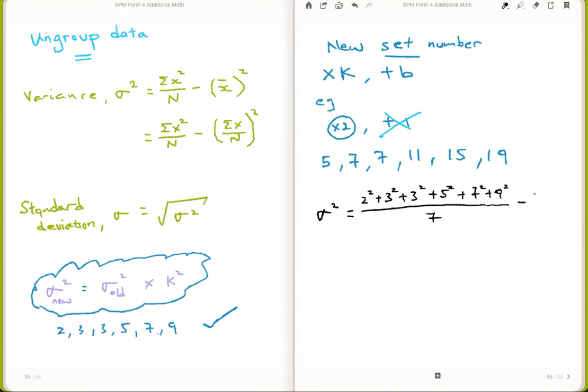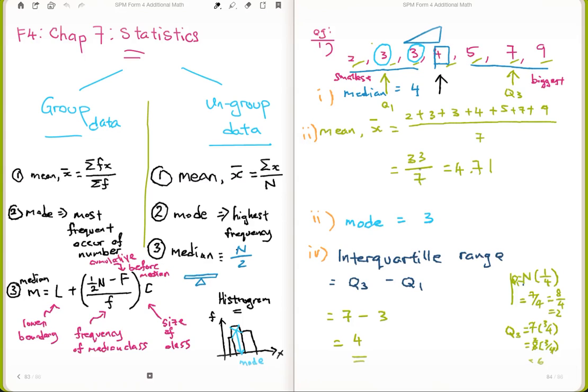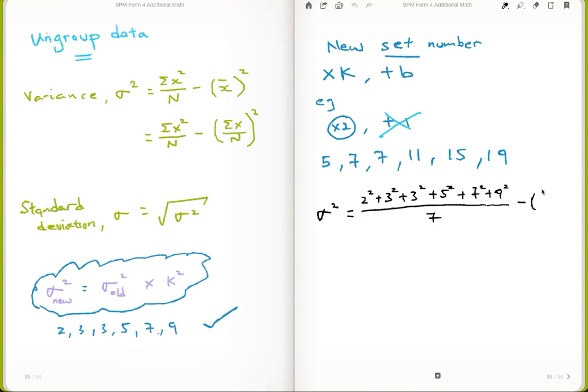My variance obtained, by estimation, is 4.33 minus, over 7, is maybe I can use 33 over 7 squared. And then with a scientific calculator, you get this answer.